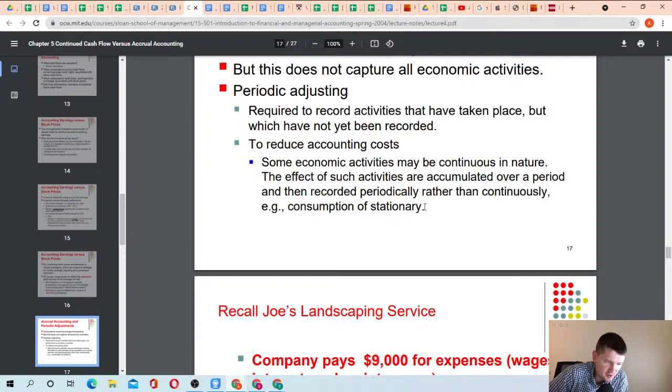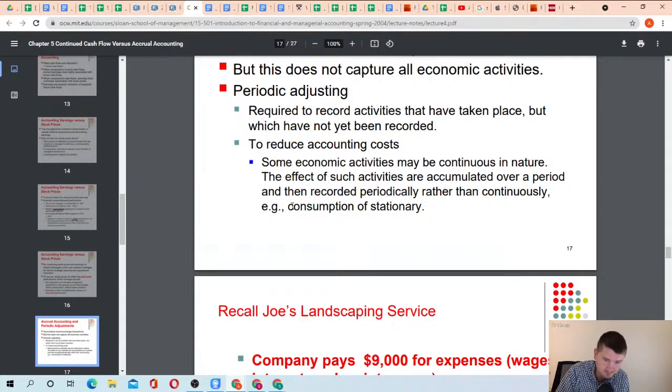And the best example for such transactions is depreciation of your property. Like if you bought a building for $100,000 and you expect that its useful life will be 10 years, you need to depreciate that building over 10 years.